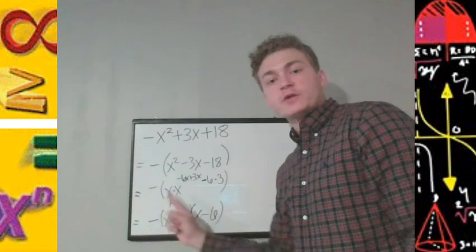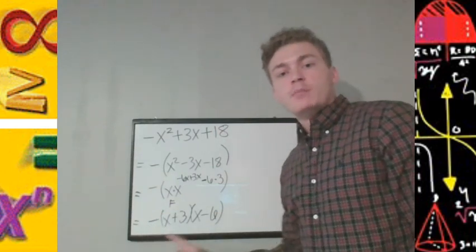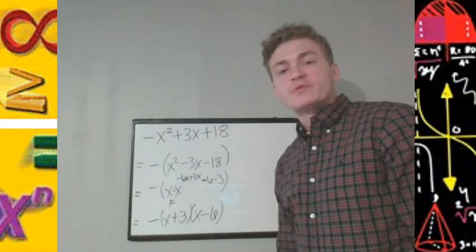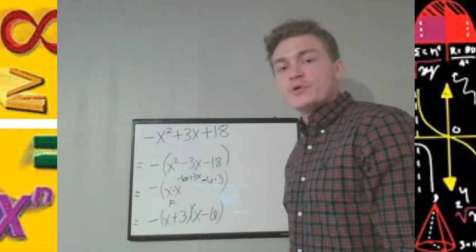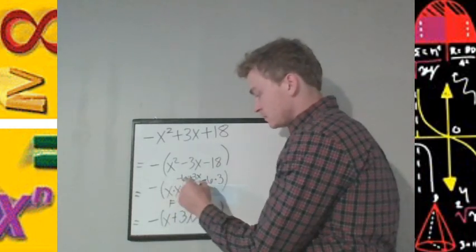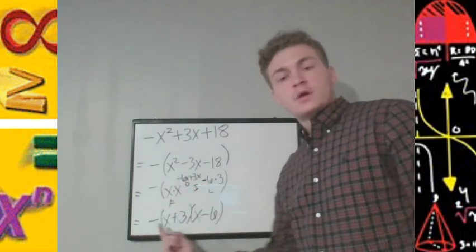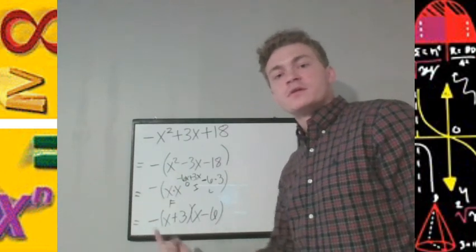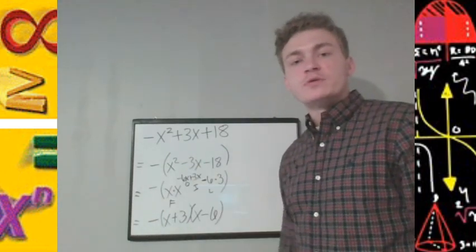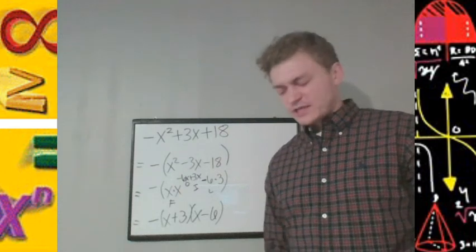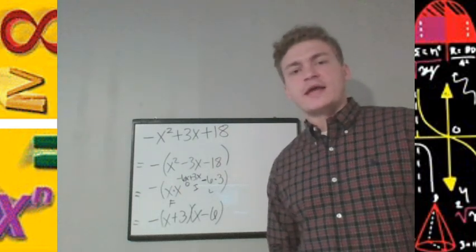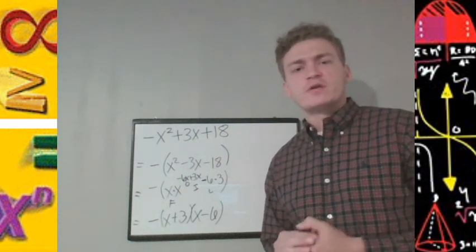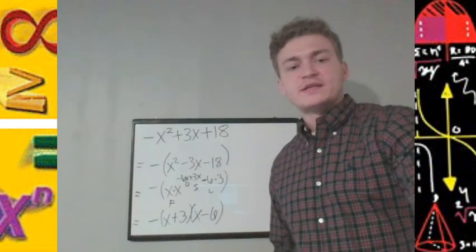So as we see here, the negative factor, which is understood to be negative 1, multiplies the binomial x plus 3, multiplies the binomial x minus 6. These three factors make up our trinomial, which was at the beginning 18 plus 3x minus x squared, or 3x plus 18 minus x squared.